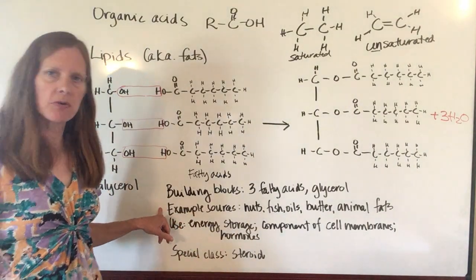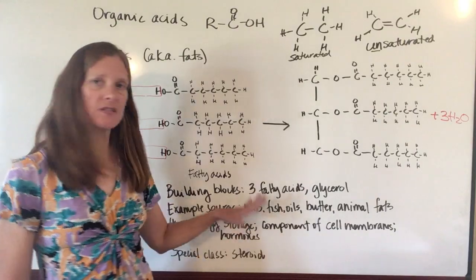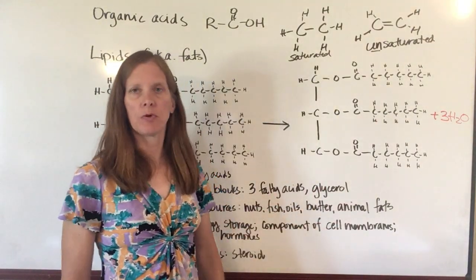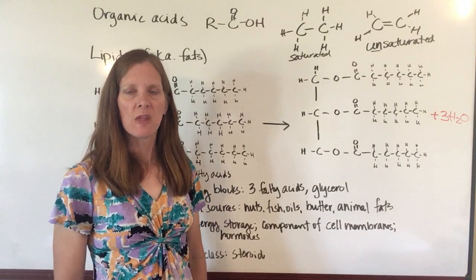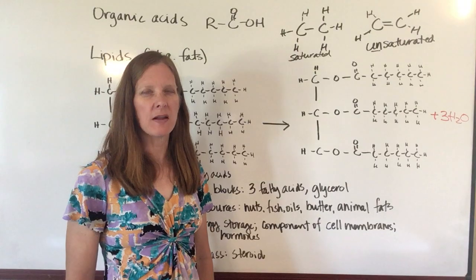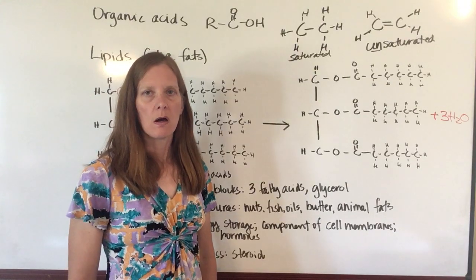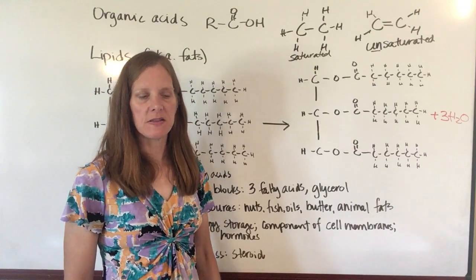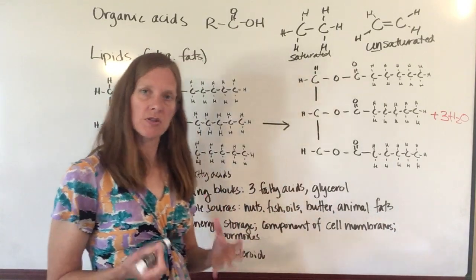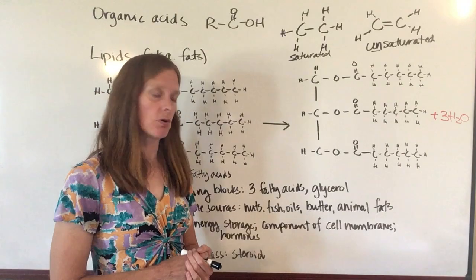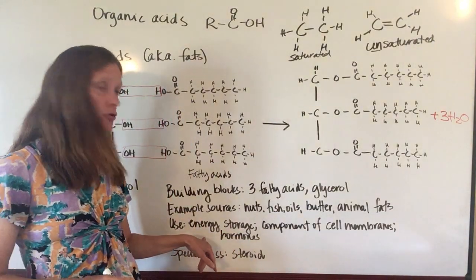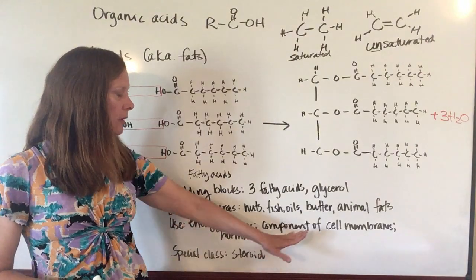Sources where you can get those in your diet would be nuts, fish, oils, butter, and animal fats. And we do now know that saturated fats and unsaturated fats have different health values to them. So you want to kind of be conscious of how much of each of those kinds you are eating. The uses for those, energy storage again.